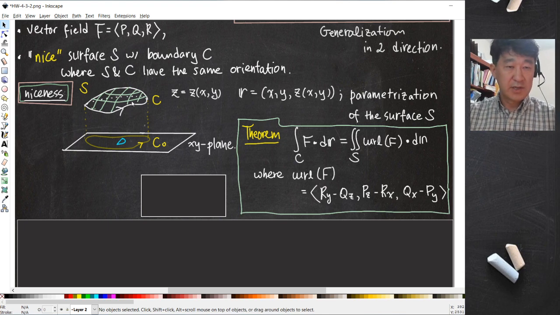We have a surface S with the orientation, which has this curve as its boundary. And there's a new vector field called the curl, which is viewed as a generalization of Green's theorem.